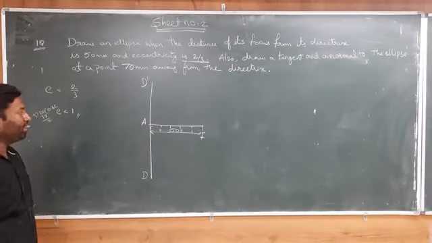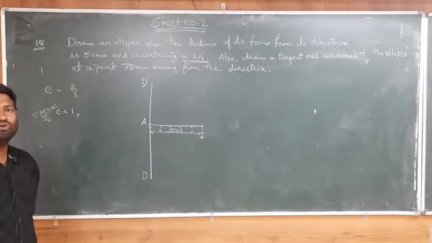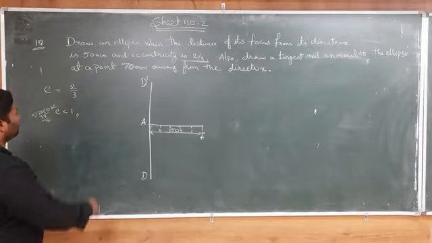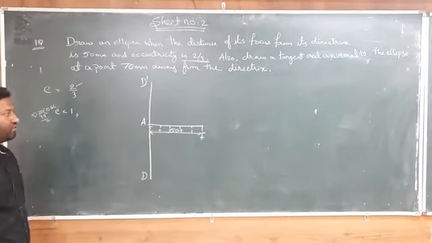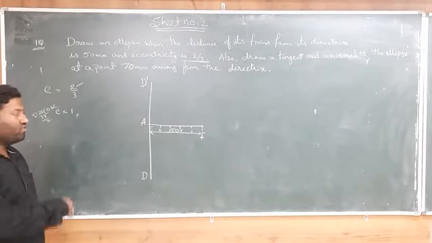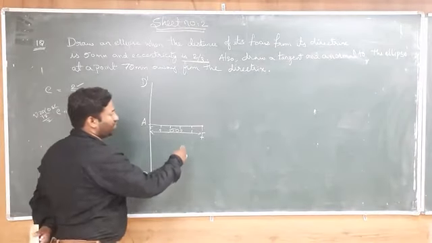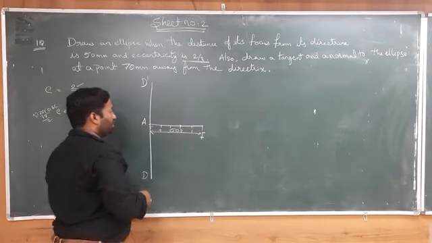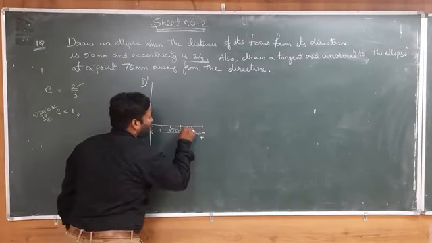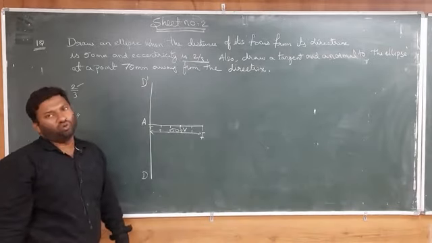After that, we have to select the vertex. As it is given in the question, the numerator is 2. So we have to select the point 2 from the focus, the second one. This is the first one, this is the second one. Now this one we will take as V. V is nothing but the vertex.